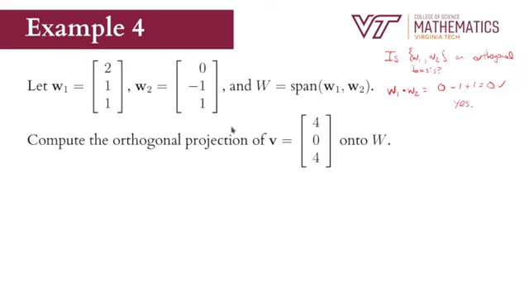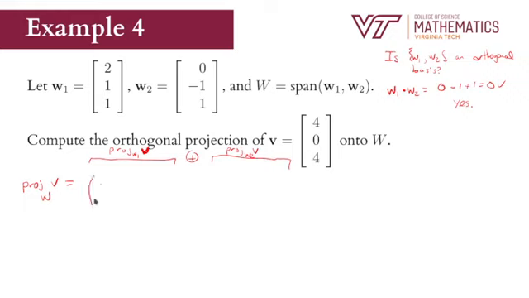Because these vectors are orthogonal, then we can use this shortcut formula to compute the projection. The projection of V onto W is going to be, we're going to project V onto W1, and we're going to project V onto W2, and we're going to add them together.